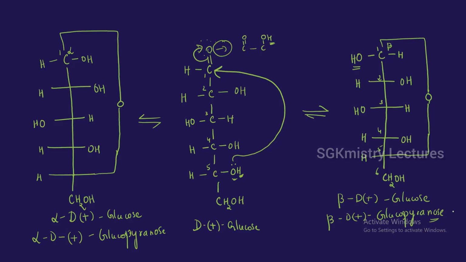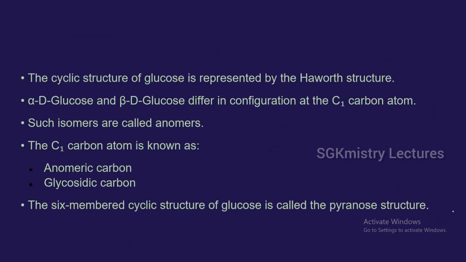Okay. And this particular cyclic structure of glucose can also be represented by the Haworth structure. Here mainly we know that alpha D glucose as well as beta D glucose differ in the configuration at the C1 carbon atom, which is also called the anomeric carbon.